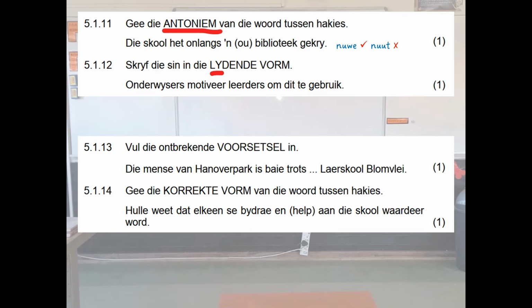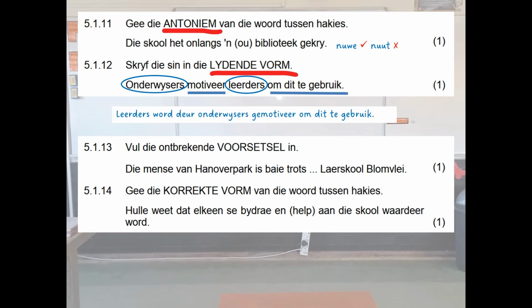Leidende vorm is next. You have to rewrite the sentence into leidende vorm. So we've got onderwysers, which will be your subject, motiveer, which is your verb, leerders, which is your object, and then we've got an infinitive. Leerders word deur onderwysers gemotiveer om dit te gebruik. I will explain in a moment when we've got our slides up how the infinitive works.